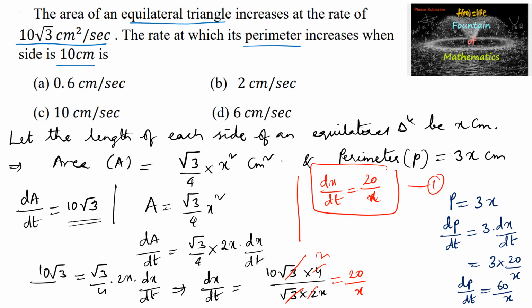We need to find the rate of the perimeter when the side length is 10 centimeters, so dP by dt at x equal to 10 is 60 upon 10, which is equal to 6. Since it is a perimeter, the unit is centimeter per second. So 6 centimeter per second, which is our option D.